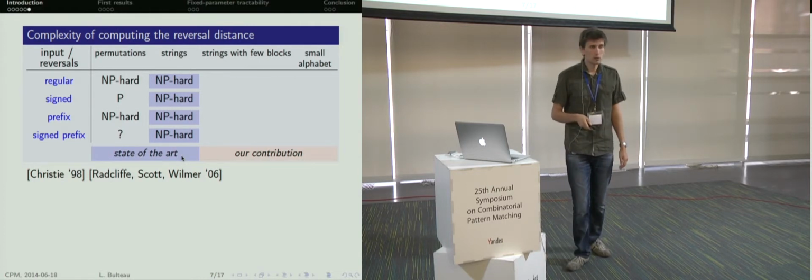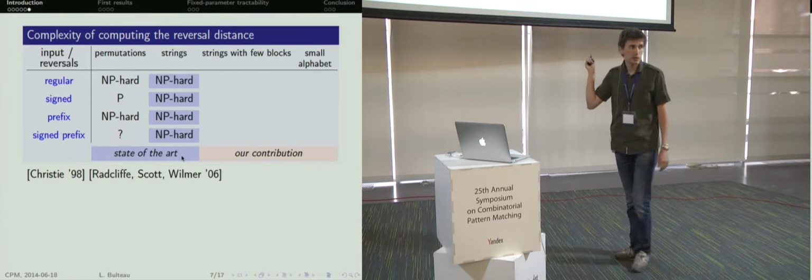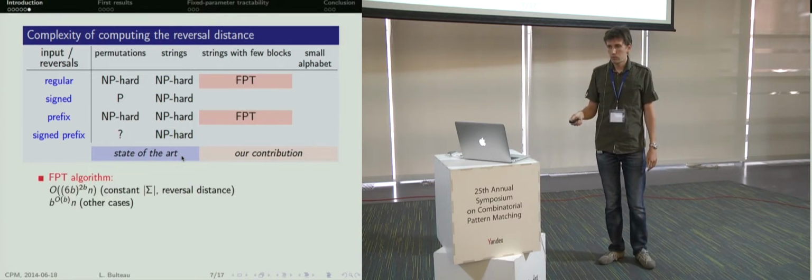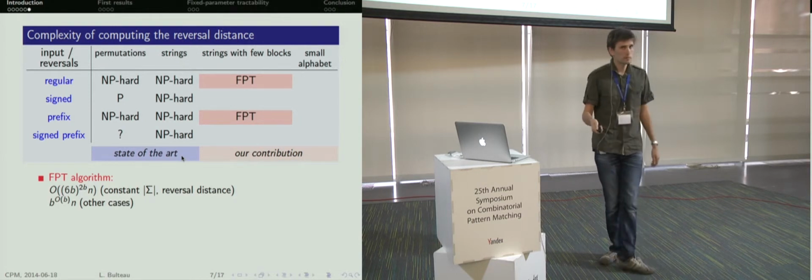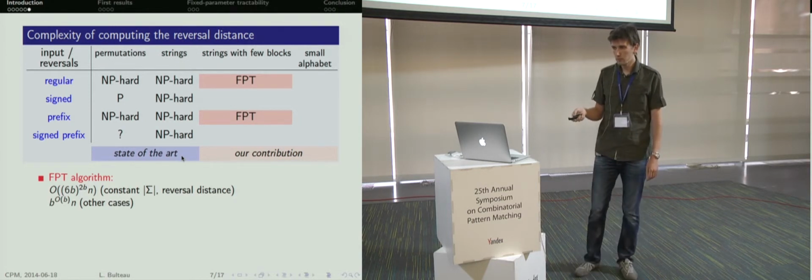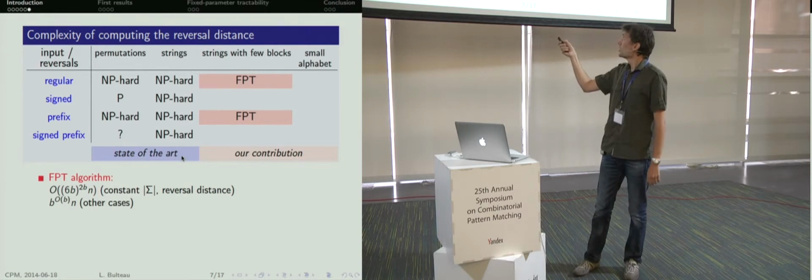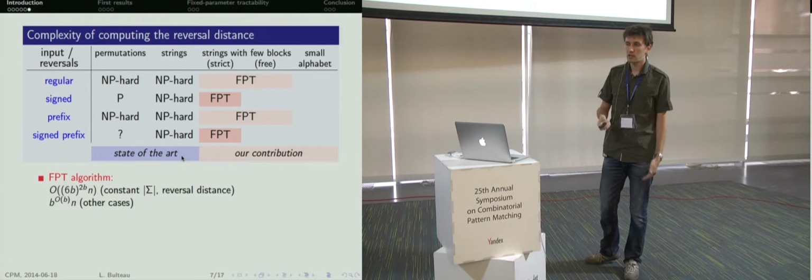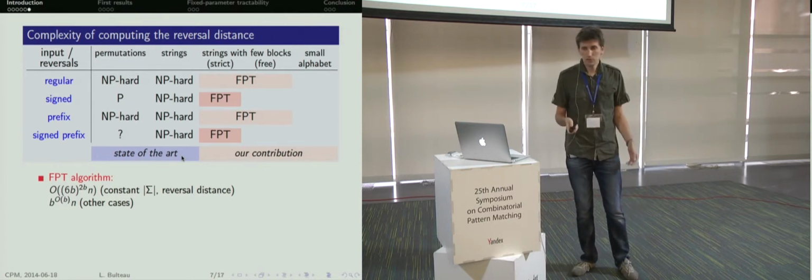So with few blocks, to the best of our knowledge, we were the first to look at this case. So we came up with an FPT algorithm for the number of blocks, which works in the unsigned case. And for the signed case, it depends on how you define your blocks.